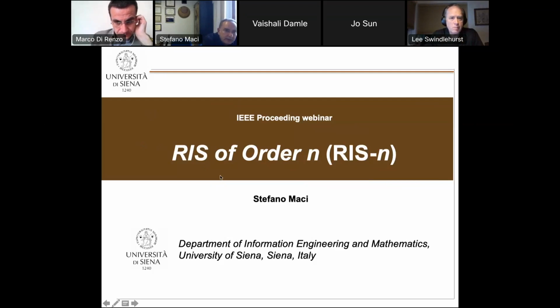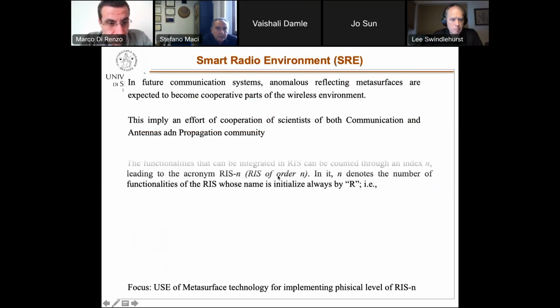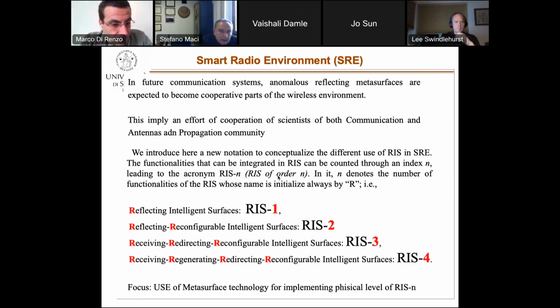Let me simplify a little bit the terminology according to what Marco has presented a moment ago, introducing this terminology: RIS of order n, or RIS-n. This makes reference to particular types of RIS that are in increasing level of difficulty to be implemented and designed.